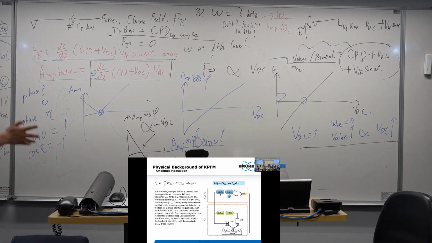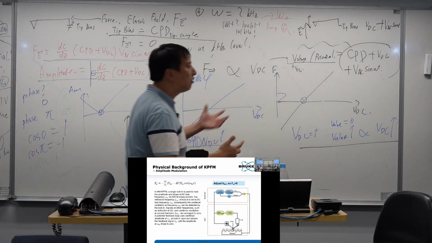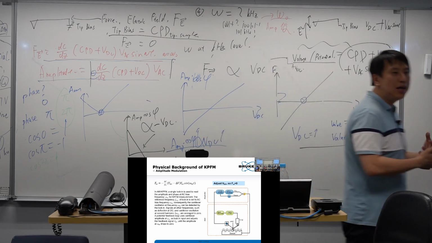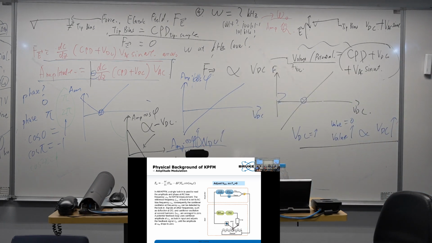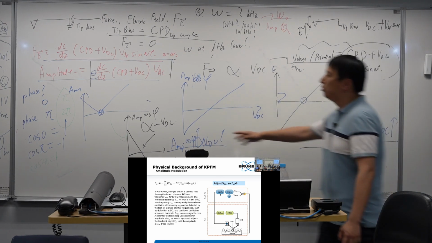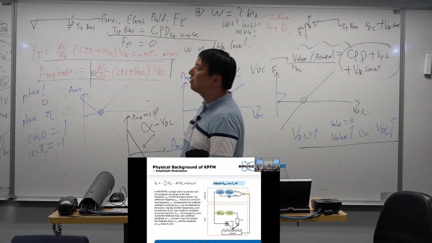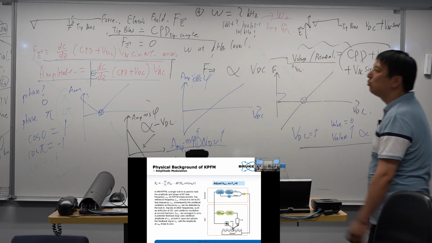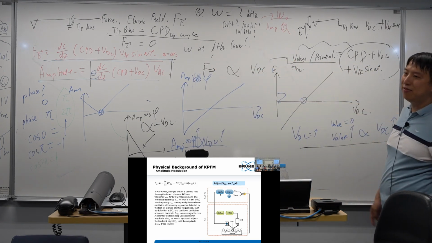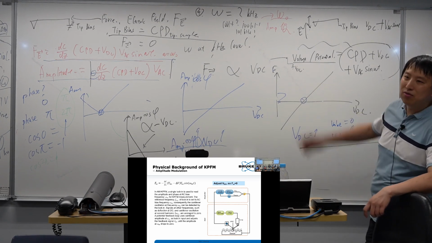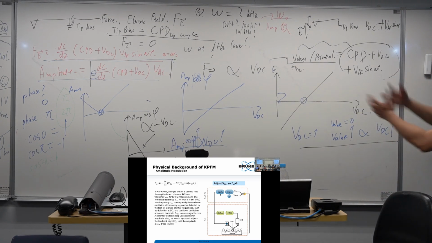In KPFM, you can use the KPFM from Bruker or from other AFM companies. The basic concept is the same. We just need to find this value. Only Bruker uses this kind of phase stuff. The other companies use different stuff, but the idea is the same.